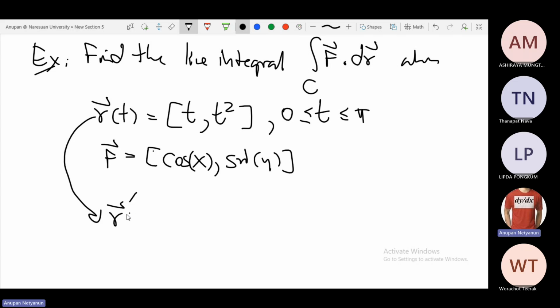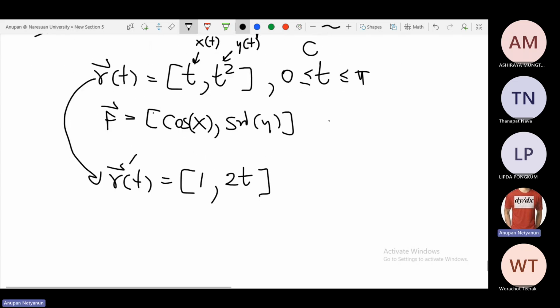Take the derivative of this with respect to t, you get 1. Take the derivative of this with respect to t, you get 2t. And again, go back and look at your r(t). This is your x component in terms of t on the curve, and this is your y component in terms of t on the curve.